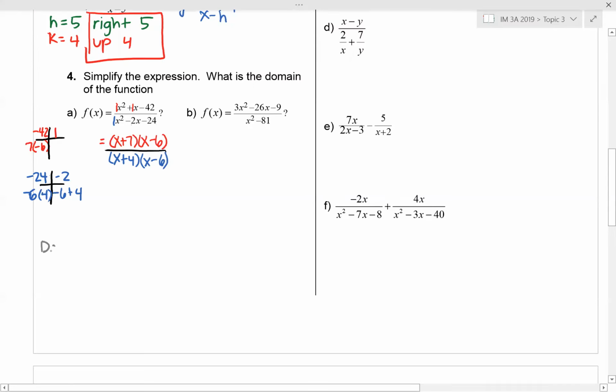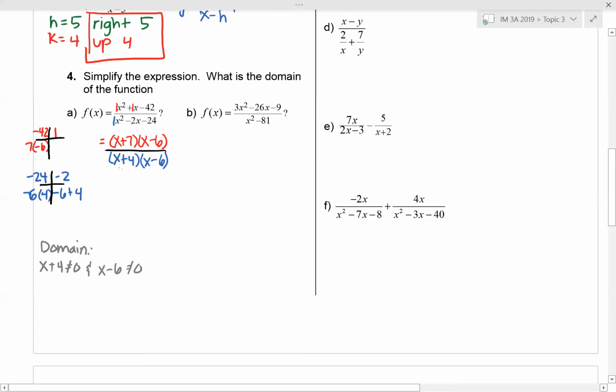So for the domain on this function, I'm looking for the values that would make the denominator 0. So remember that this means that x plus 4 can't be 0, and x minus 6 can't be 0, because I'm not allowed to divide by 0.